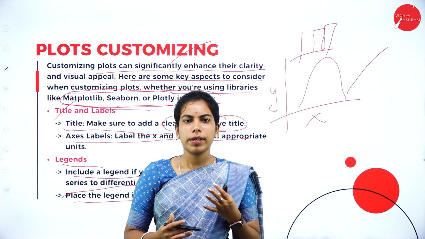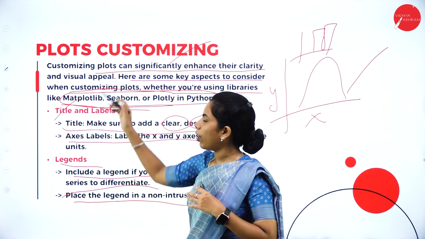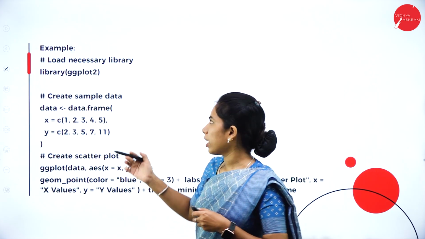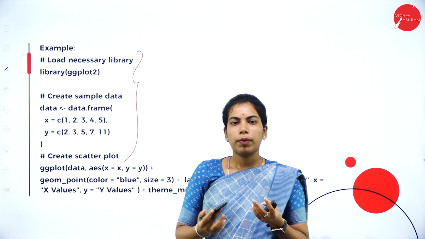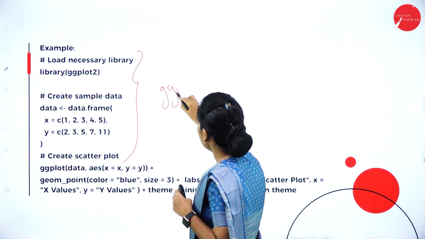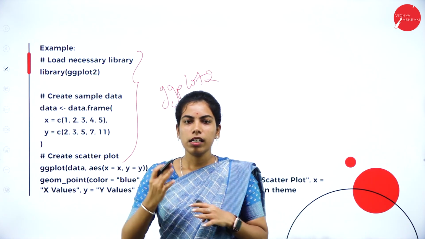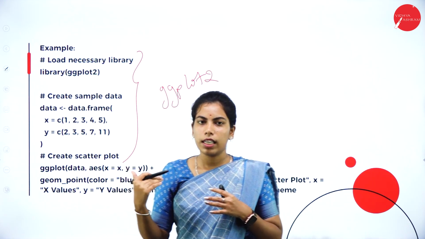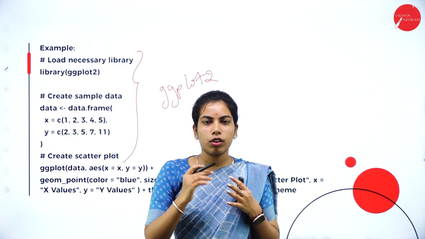Let's see one example, so you can clearly see what plot customization looks like. Here you can see one example. Load the necessary library. We have to install ggplot2. ggplot2 is a plot customization library, or else we can say it is also a plotting library.